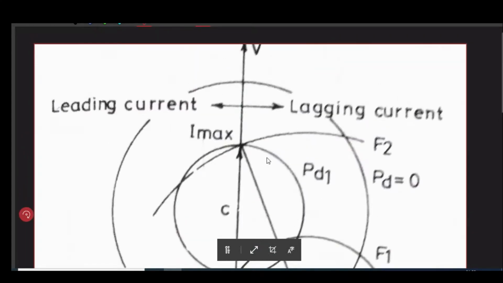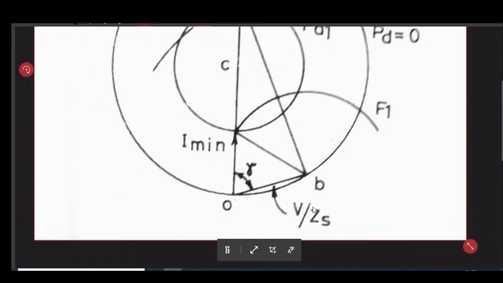So here you can see that we will get it for the minimum value.